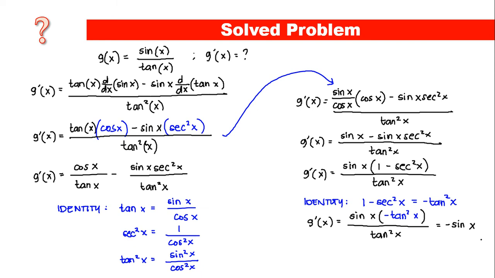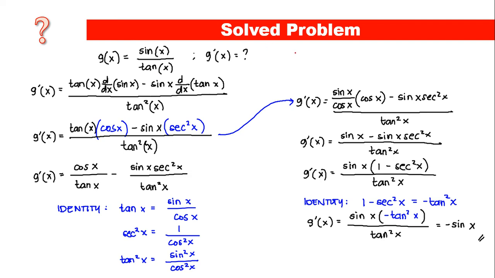In fact, tama itong negative sine of x kasi doon pa lang sa simula, pwede na natin siyang i-simplify, no? Pag i-simplify natin yan, napakaganda kung sa simula pa lang ma-simplify nyo na yung ating expression or yung ating function.